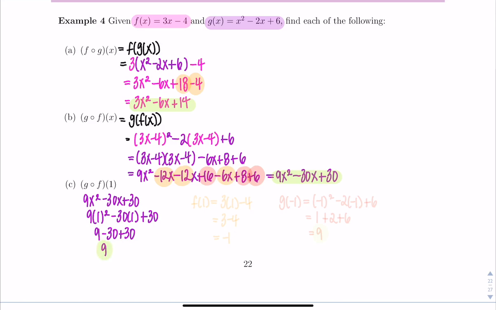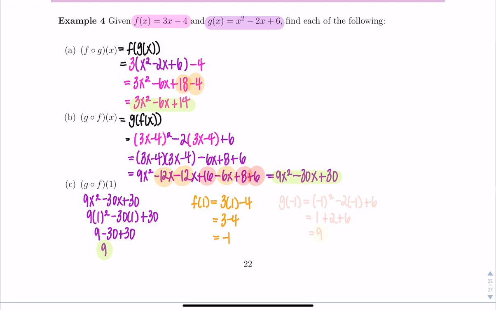Now let's just say we didn't figure out g of f of x first. So the best way to go about this is let's figure out f of 1 first. But this is just 3 times 1 minus 4, or 3 minus 4, which is negative 1.